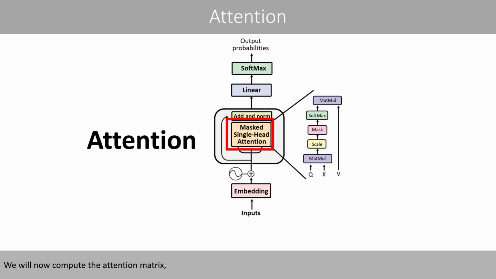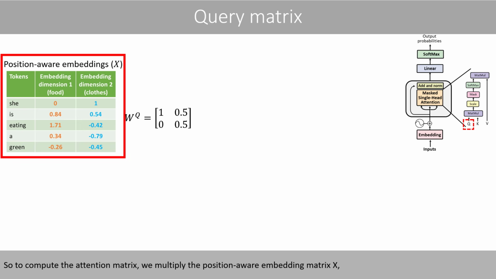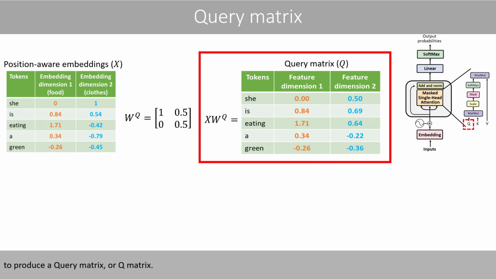We'll now compute the attention matrix, which starts by computing the Q and K matrices based on the position-aware embedding matrix. So, to compute the attention matrix, we multiply the position-aware embedding matrix X by a so-called Q-weight matrix to produce a query matrix or Q matrix.